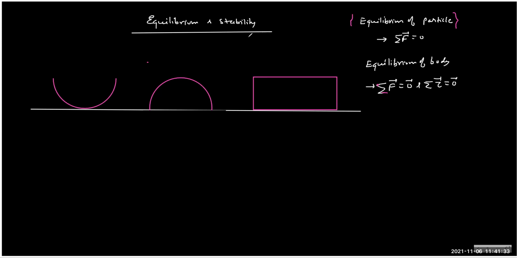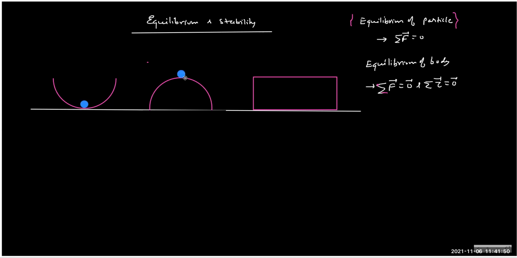So now we have three situations, as you can see. And the body is at rest. So a body is at rest at the bottom of the bowl, you can see.